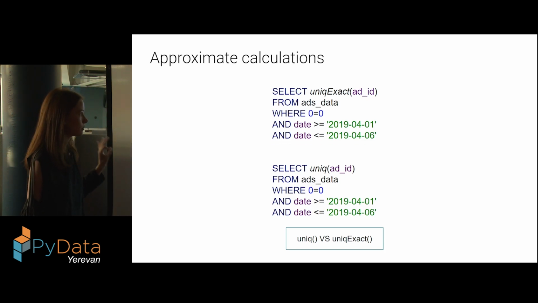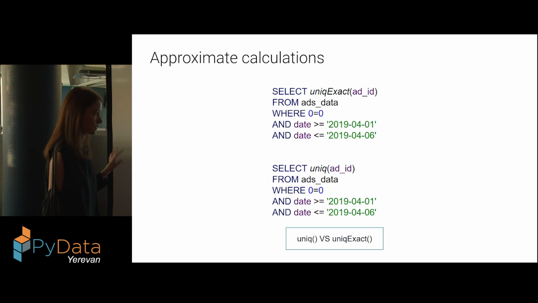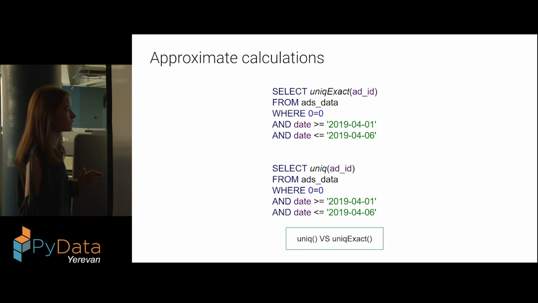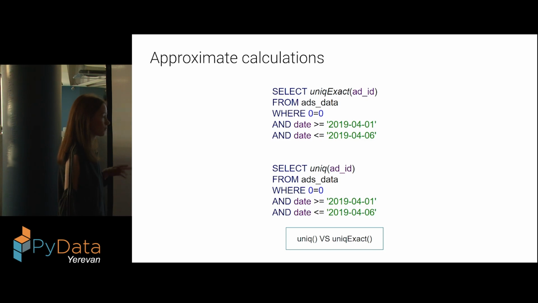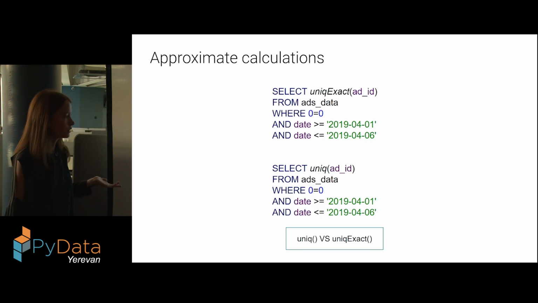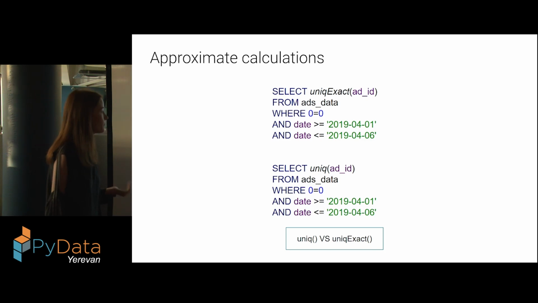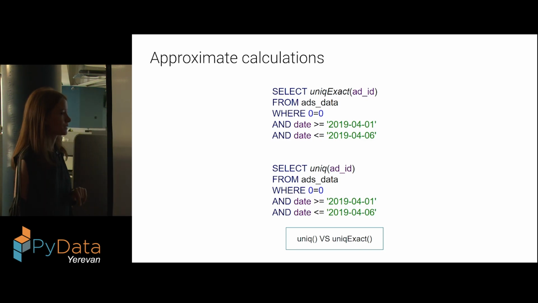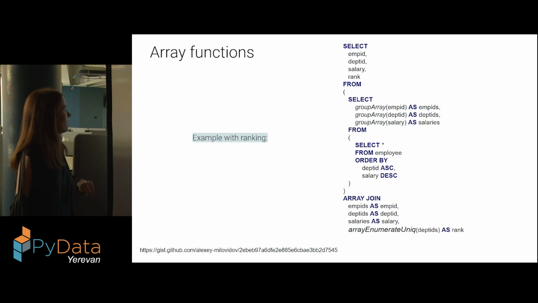It is similar to count distinct, and it will give the same answers. But if you really do not need to know exactly how many advertisements you have, and you can make it more approximate, you can use the uniq function. It will work a lot faster and will provide results with some percentage of difference.